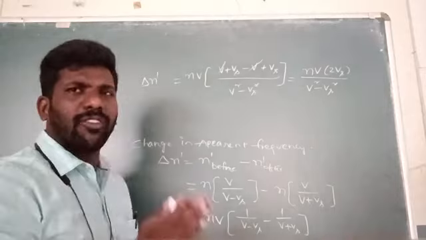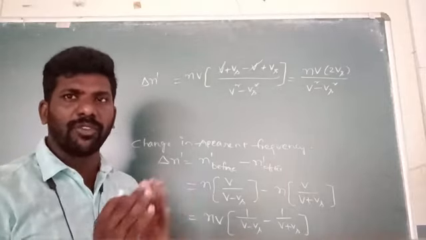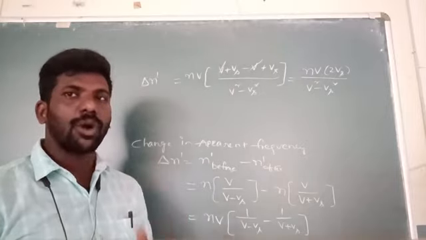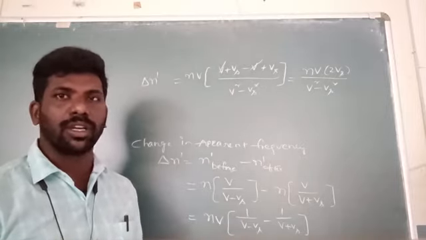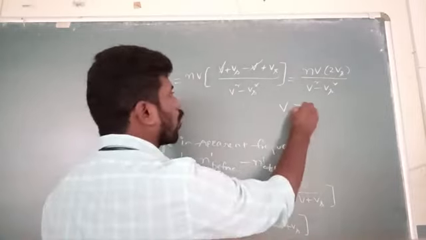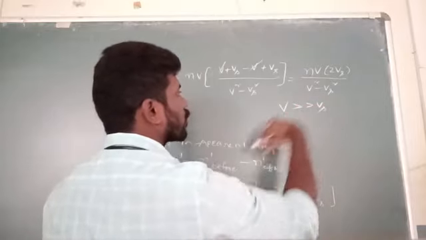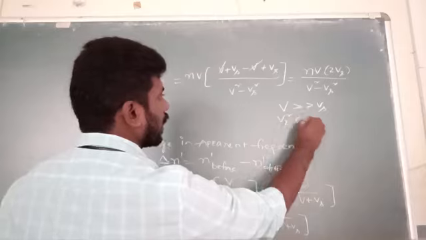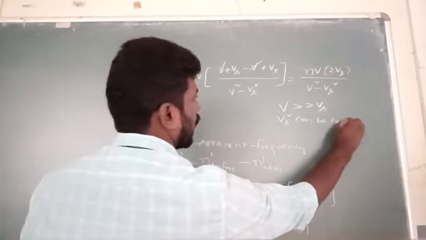Comparing the terms v and vs: v is the velocity of sound in air, and vs is the velocity of the source. The velocity of sound is much greater than the velocity of the source, so vs square can be neglected.